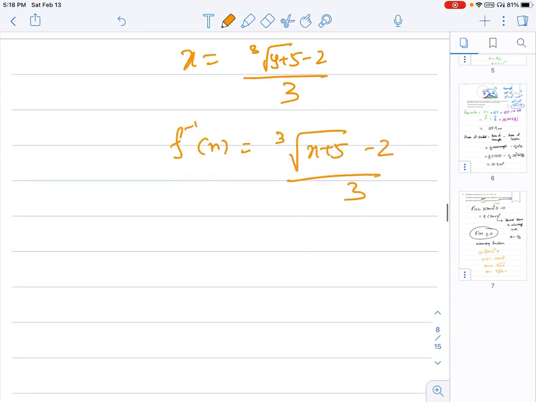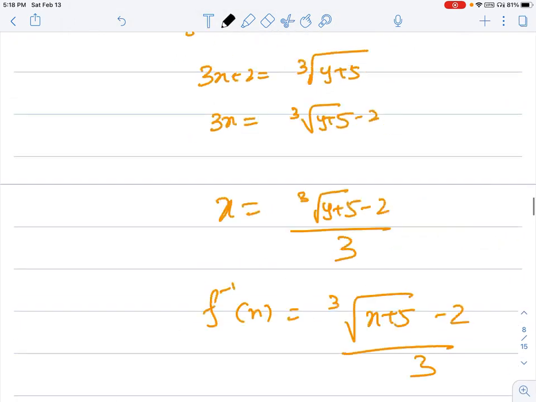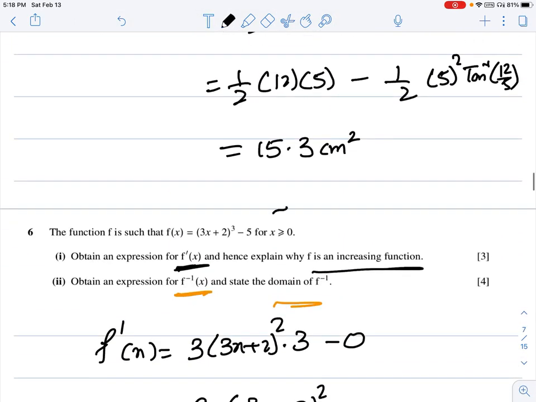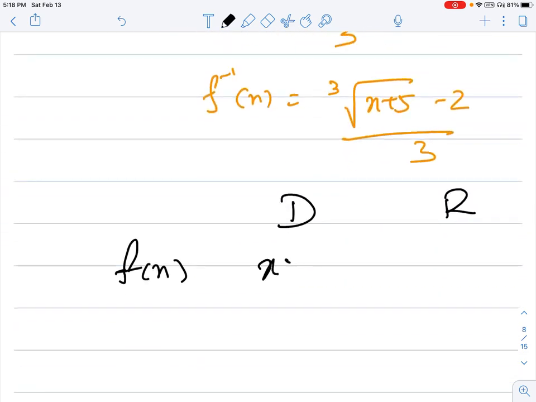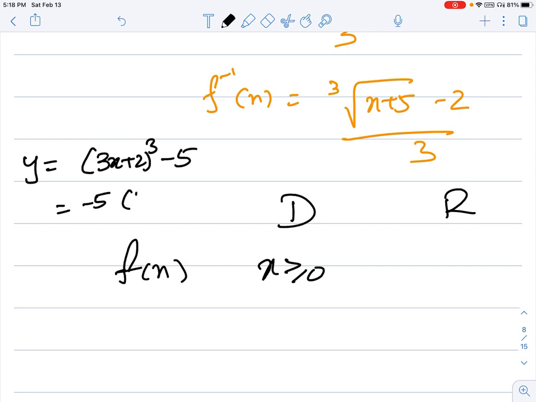Now domain and range. So how do I find? First of all, for f of x, what's the domain, what is the range? The domain has been given in the question, x is greater than or equal to 0. Now what was the equation? Y is equal to 3x plus 2 whole cube minus 5.